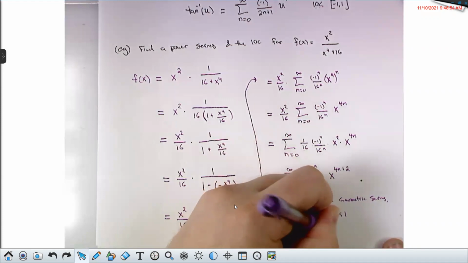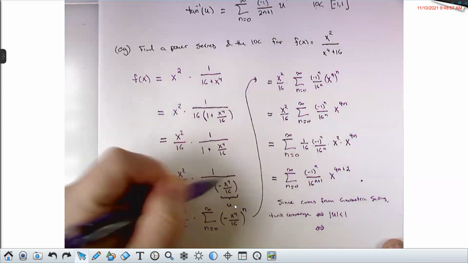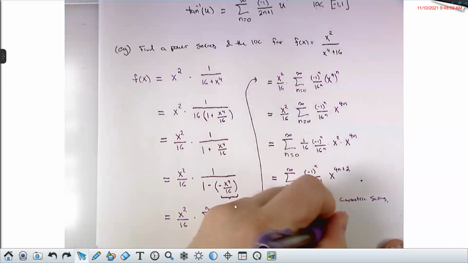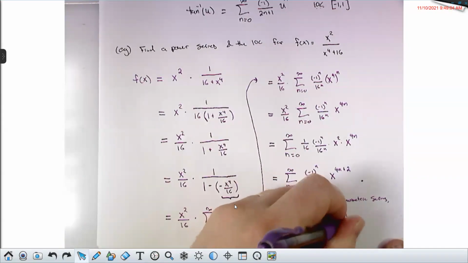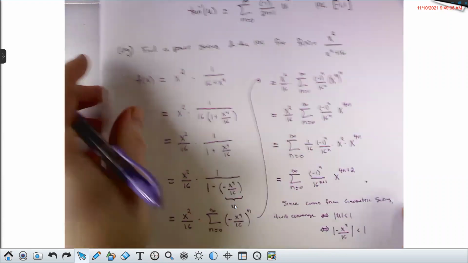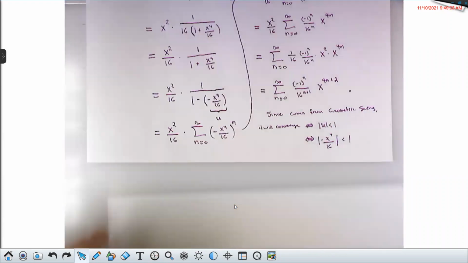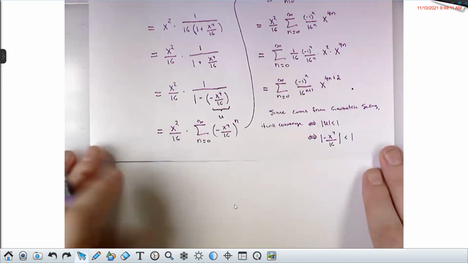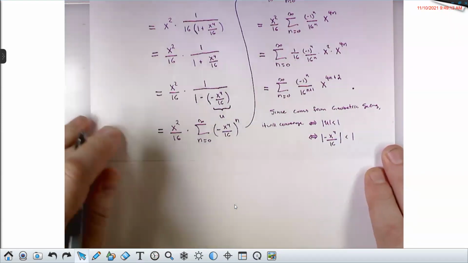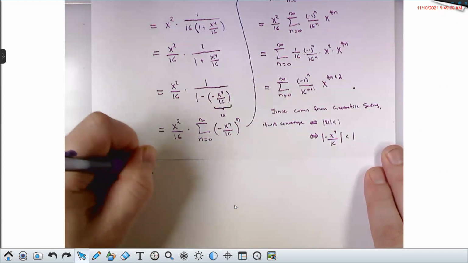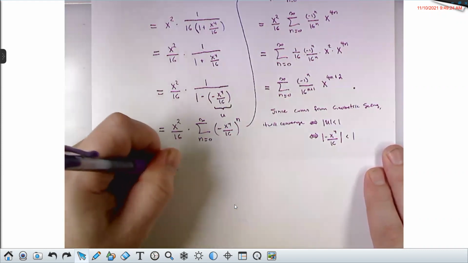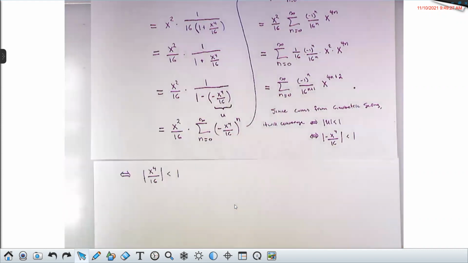So that means the absolute value of -x to the 4 over 16 is less than 1. That is the same thing as absolute value of x to the 4 over 16 is less than 1, right? The negative inside the absolute value just goes away.